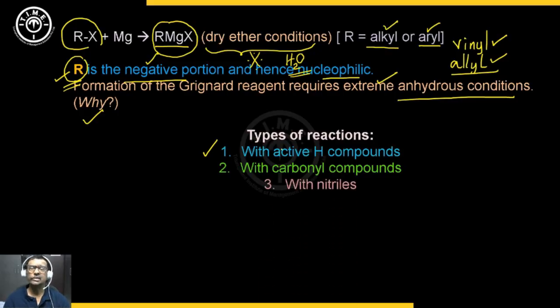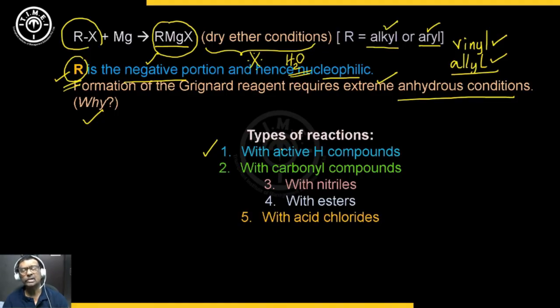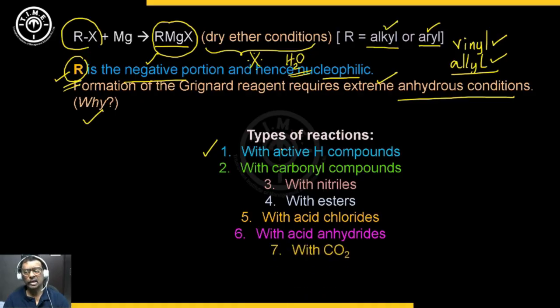Then with nitriles, C triple bond N. With esters, RCOOR. With acid chlorides, RCOCl. With acid anhydrides, RCOOCOR. With carbon dioxide, and finally with epoxides. Epoxide is a closed ring. It's an ether in a cyclic compound. So it's a cyclic ether. So these are all the reactions that we are going to look at. So once we are through, we will test our knowledge.